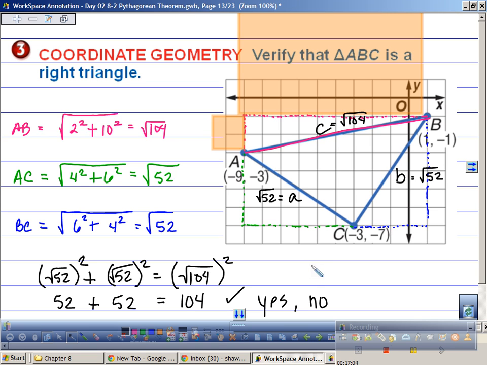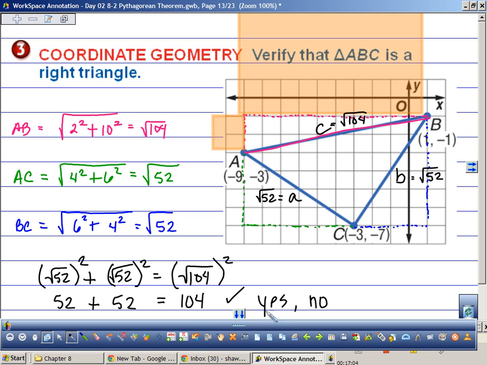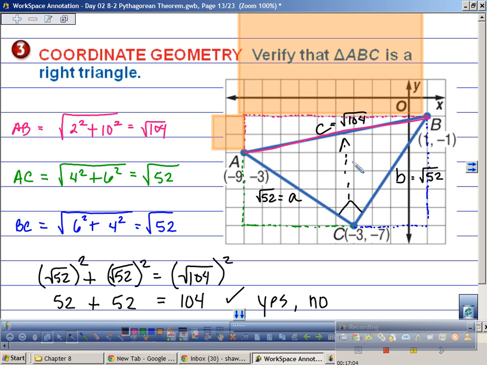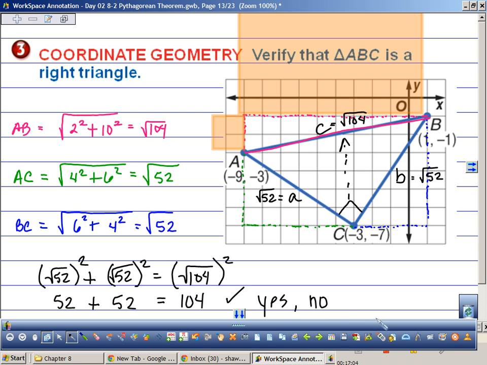Questions? Pretty easy, right? This is the hardest part right here. So it's yes? Yes and no. Yes, this is a right triangle. The 90-degree angle will be right here, because the 90-degree angle is always pointing at C, correct? Good job, guys.